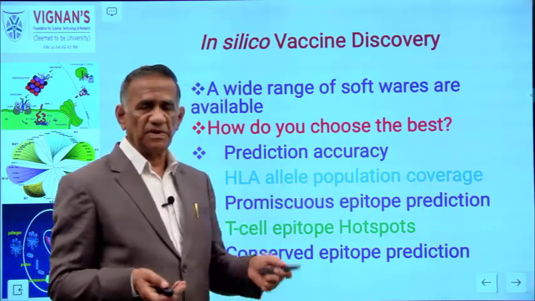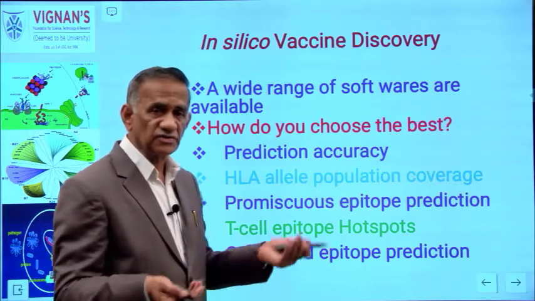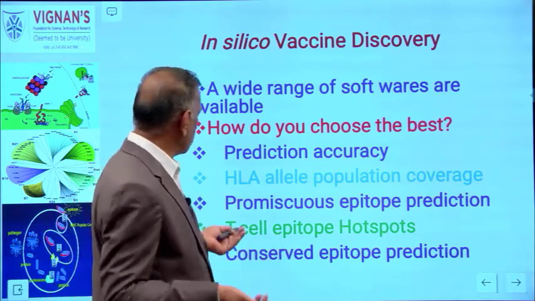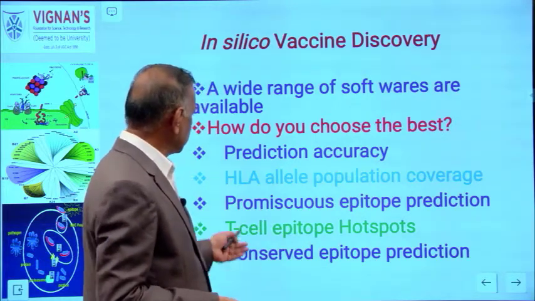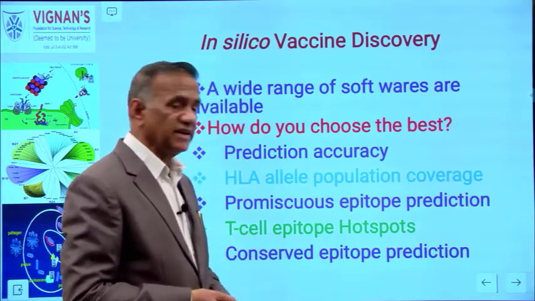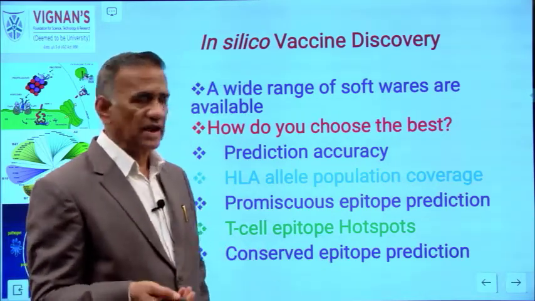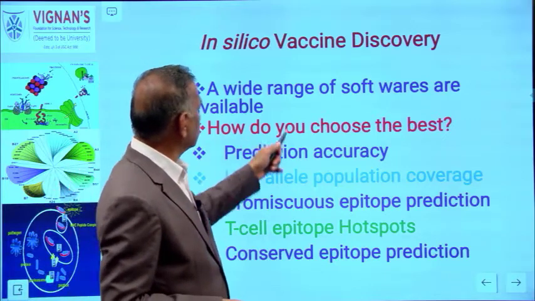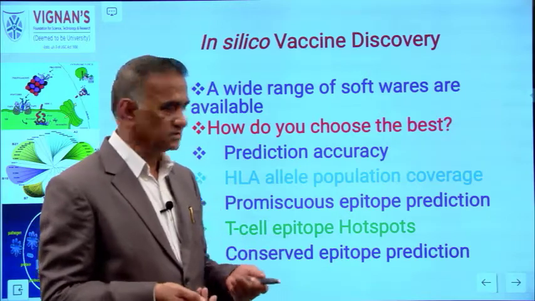Population coverage means HLA haplotypes in that population, Dravidian population, Caucasian population, African population. Okay, like that promiscuous epitope prediction, later T cell epitope hotspots, then conserved epitope prediction. So these are all the various steps with which we should be careful enough, with a wide range of softwares, to select which one is the best for our experimental purpose.